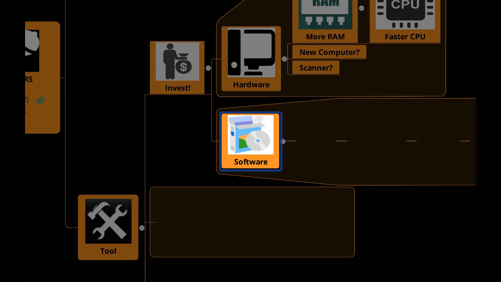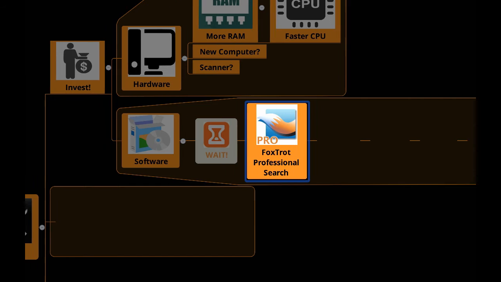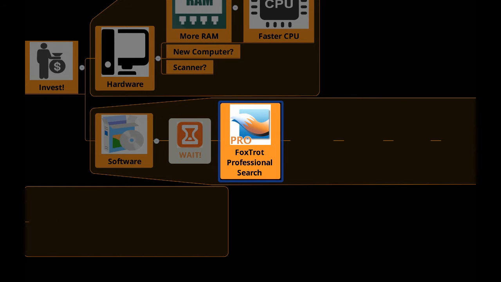So having made those comments about hardware, let's make some comments about software. In a number of webinars I'll be mentioning the functions of a wonderful program called Foxit Professional Search.